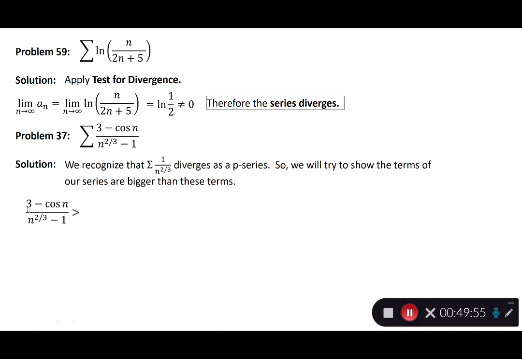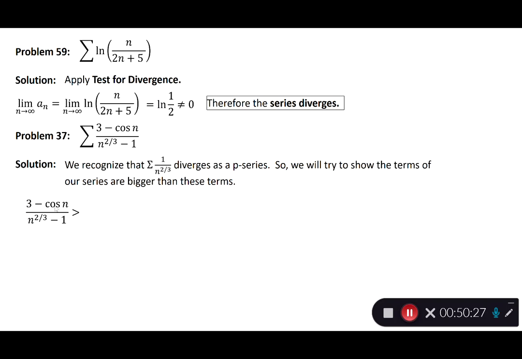So, could you claim that 3 minus cosine n is guaranteed to be bigger than 2? Let me repeat that. Pay attention. Can we claim that 3 minus cosine n is guaranteed to be bigger than 2? Yeah, because if you subtract anything less than 1, you would get, say for example, 0.5. 3 minus 0.5 is 2.5.